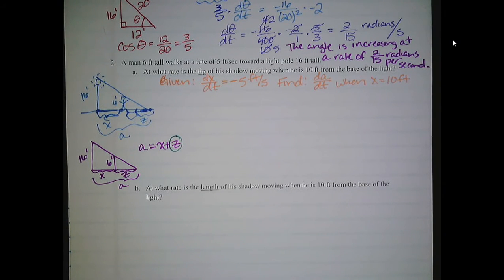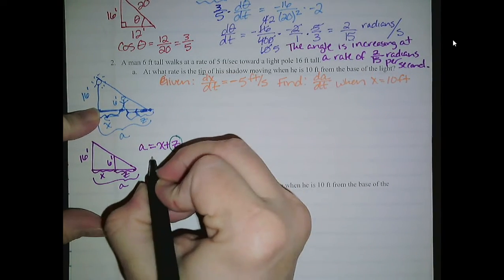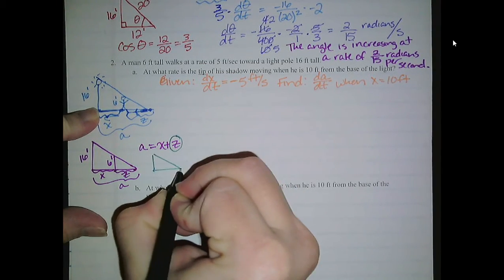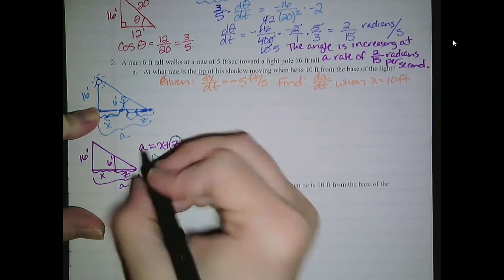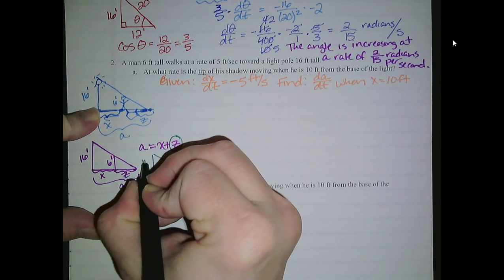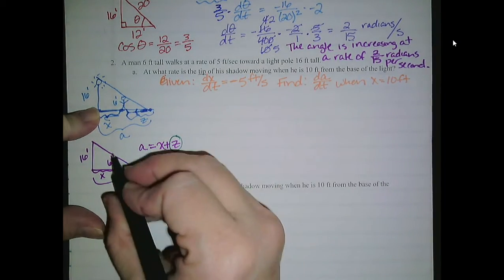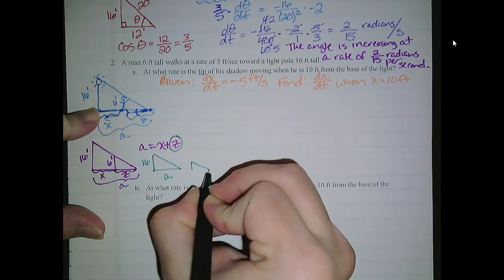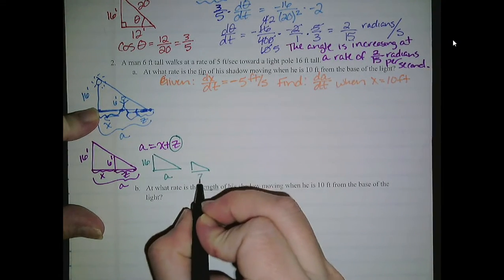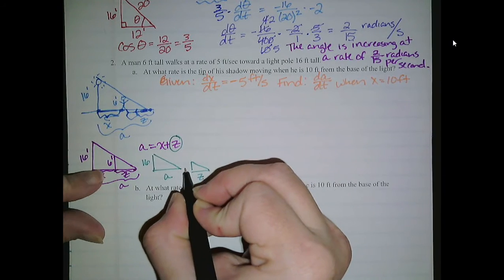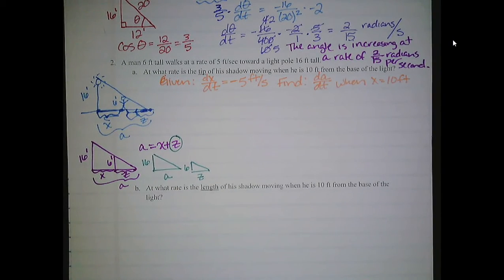So if I go back to my problem and I look for ideas, I notice again that I have similar triangles. I have a big triangle whose base is a and whose height is 16. And then I have this embedded smaller similar triangle in it whose base is z and whose height is 6. So I can set up proportions here.